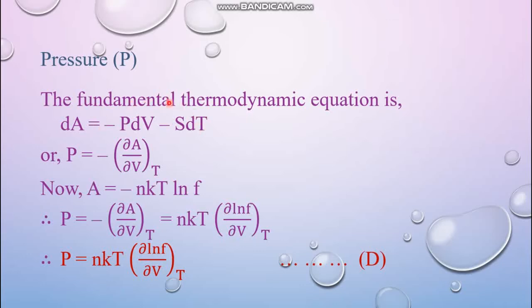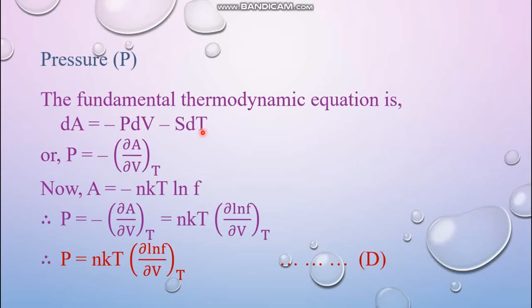Now from this expression you can have two things: one is pressure, another is entropy. But the value of entropy is already determined. Now how can the value of pressure be determined? In order to find the value of pressure, you have to make the temperature constant in order to eliminate this factor.